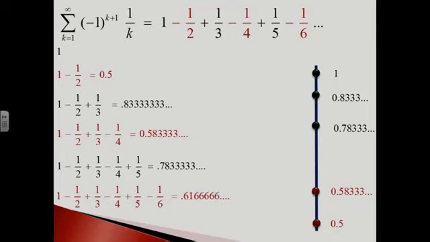The sixth sum is 0.61666. This is a little greater than 0.5833, etc. We have seen that the terms of this sequence come closer to each other as n grows large, and they seem to approach a limit.